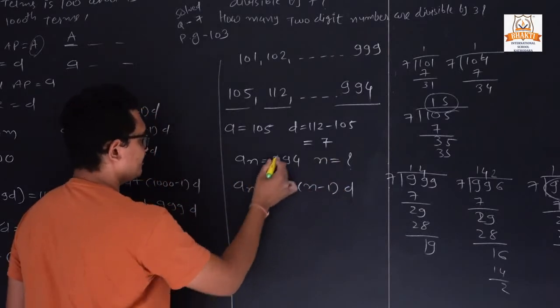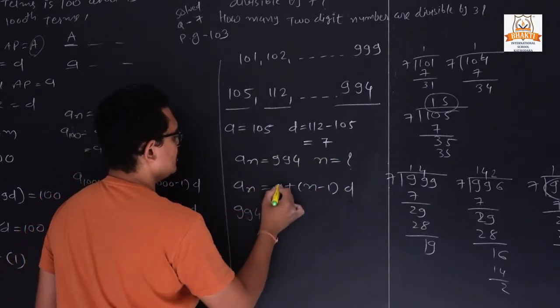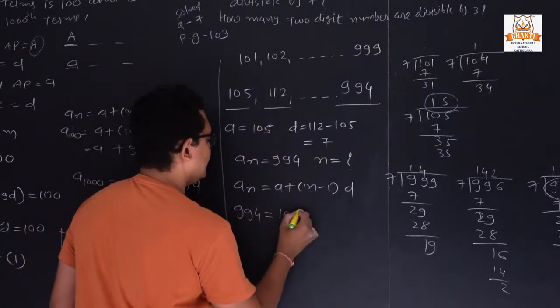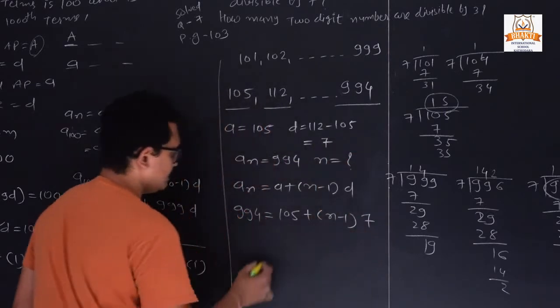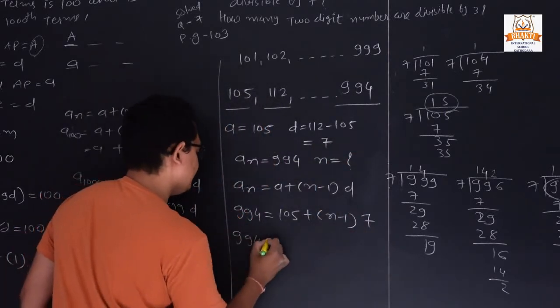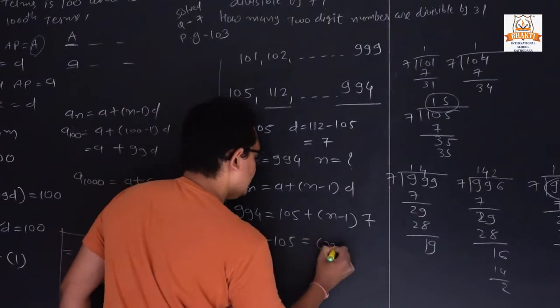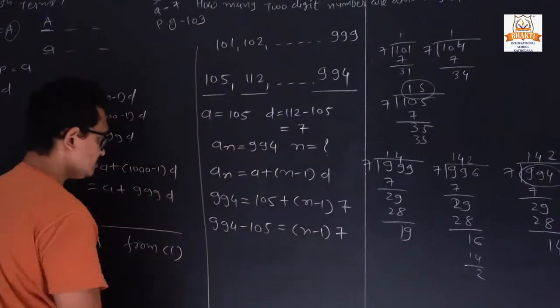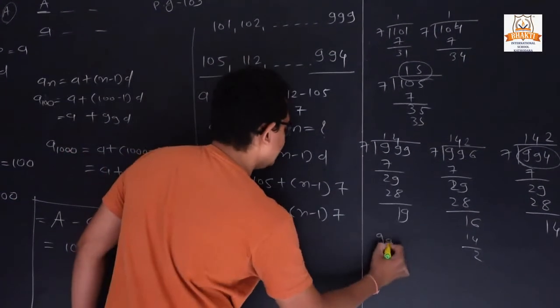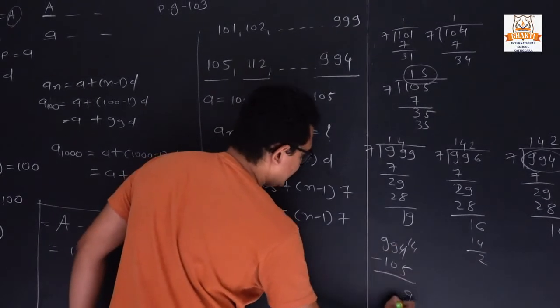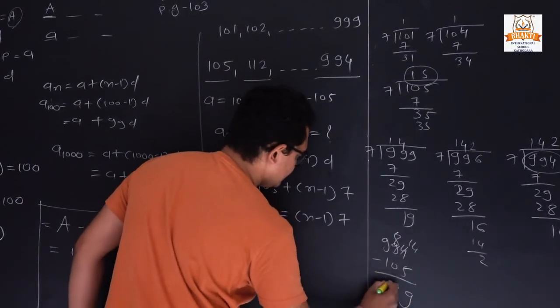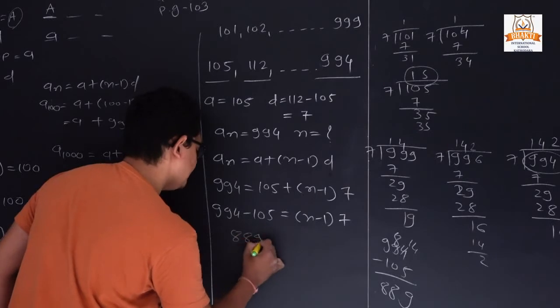So what is an? 994. What is a? 105. N, and d is equal to 7. So now this is going to the second side. So n minus 1 into 7. Now simplify that. 994 minus 105. So 14 minus 5, 9. Here we have an 8. So it is 889.